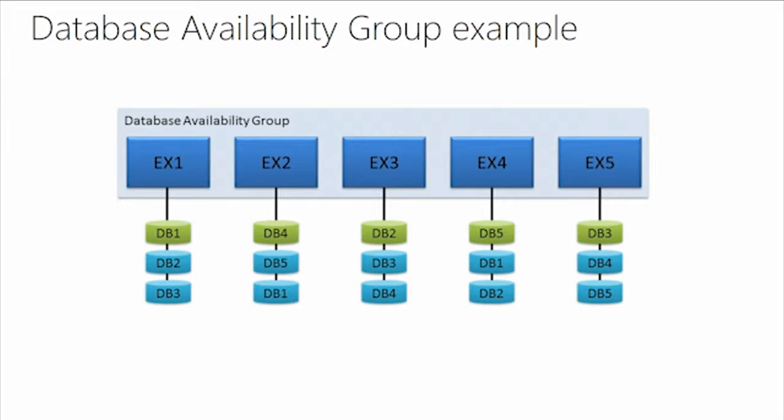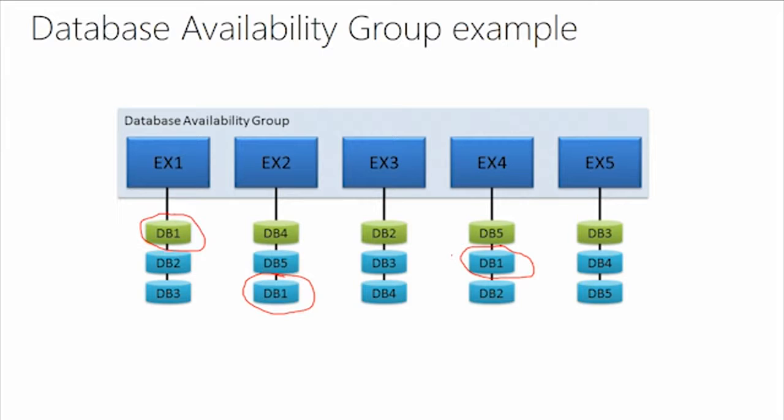You see here that if you look at database 1, for example, database 1 is not on all servers. So you don't have to put a database on every server. Database 1 is on this server. Database 1 is obviously passive on another server, and it's also on this server.